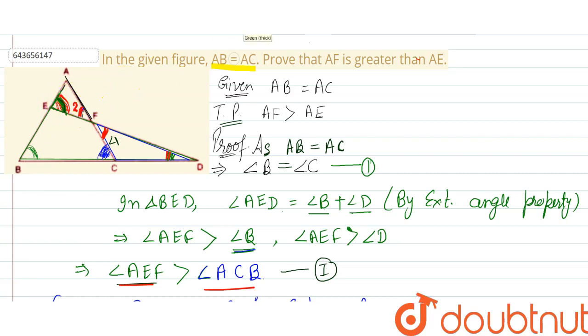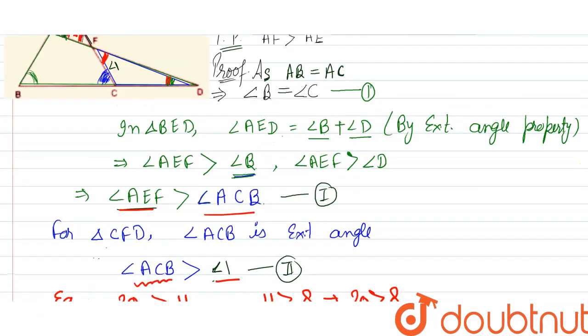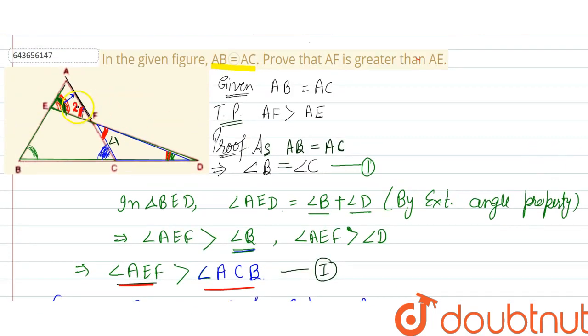Therefore, the side opposite to the greater angle will be longer than the side opposite to the smaller angle, and its opposite side is AE. So we can conclude that in triangle AEF, AF is longer than AE, because AF is opposite to the larger angle, so its opposite side will be longer.